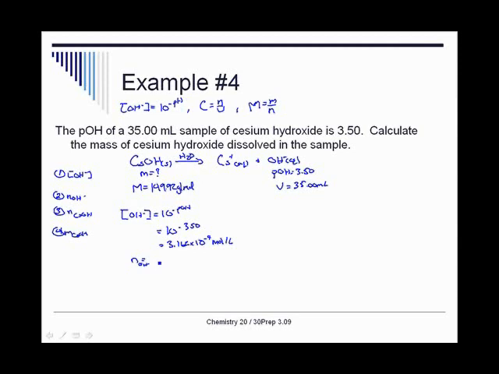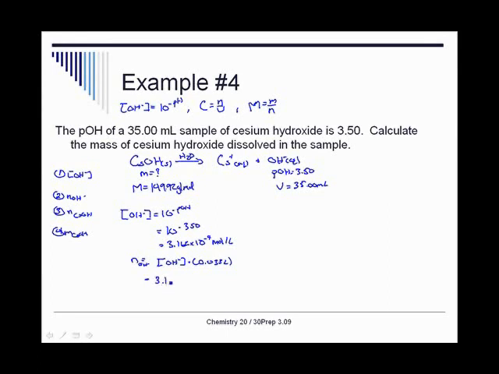So n of OH is going to equal CV. So the concentration of OH, and again, it doesn't matter which symbol you use. You can use the OH in brackets or the C. It means the same thing. We're going to multiply that by our volume, there we go, 35 milliliters, which would be 0.035 liters. I should have put my V there, but that's okay.